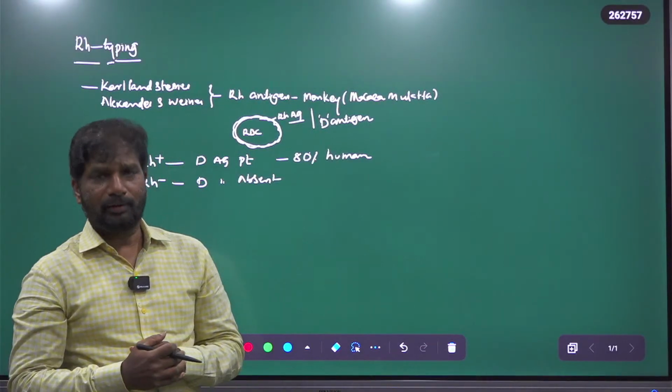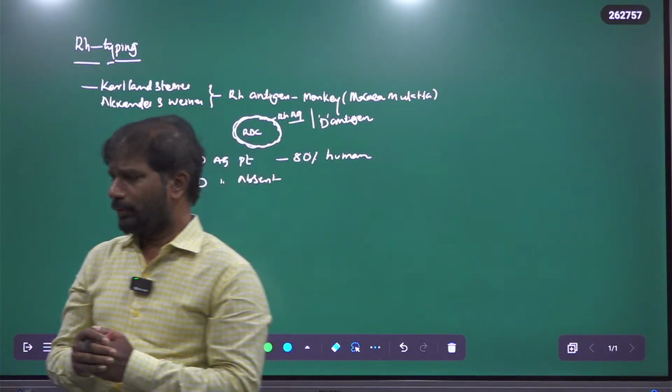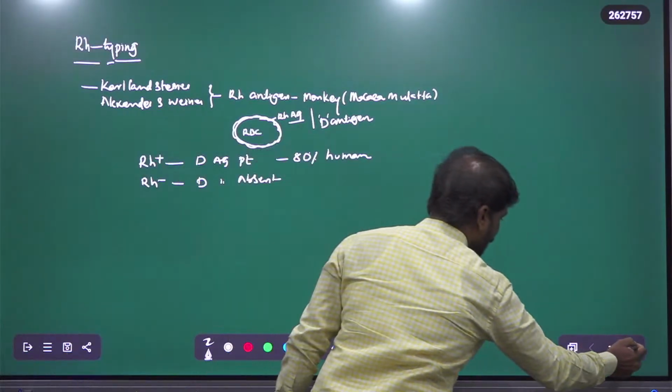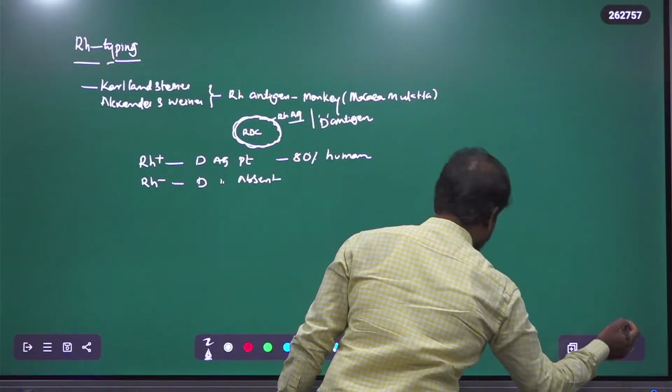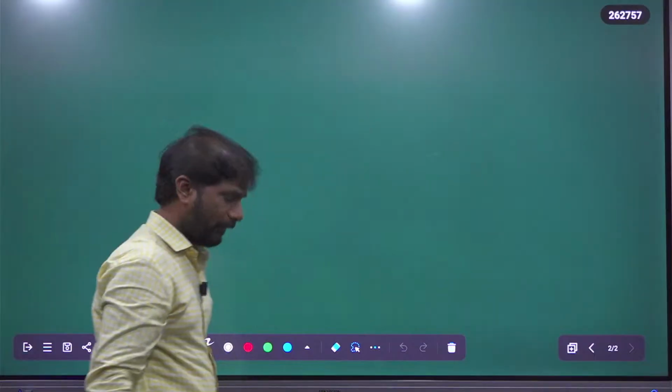The RH blood group is explained according to the Fisher and Reis hypothesis.